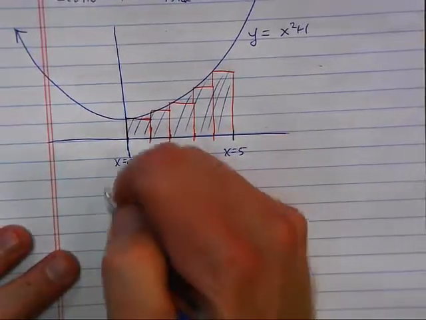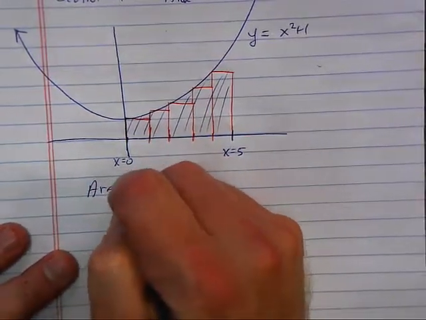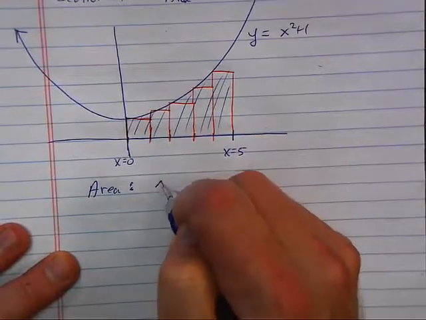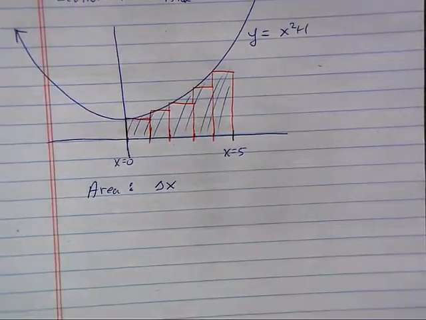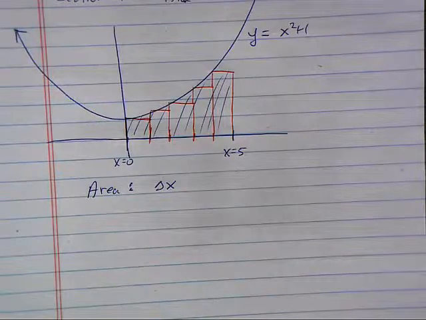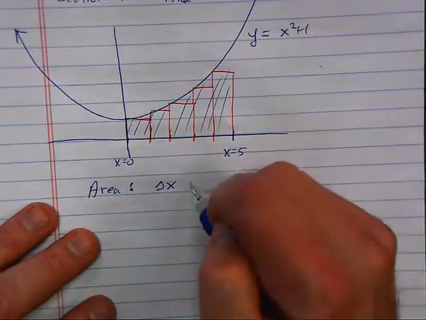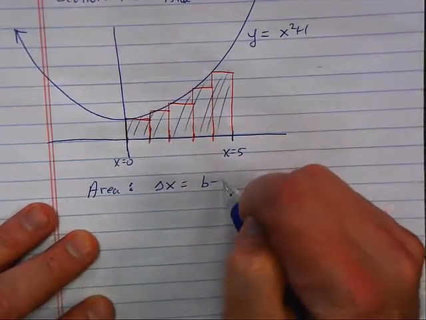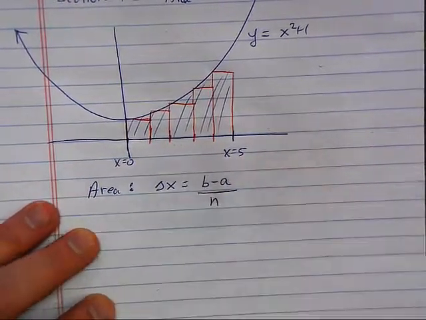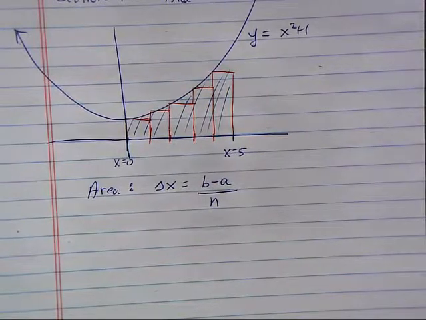Area would be, generally what we do first is we calculate something known as delta x. And delta x is the width of each rectangle. So in this case, how wide is each rectangle? 1. Because you'll see this formula, b minus a over n.